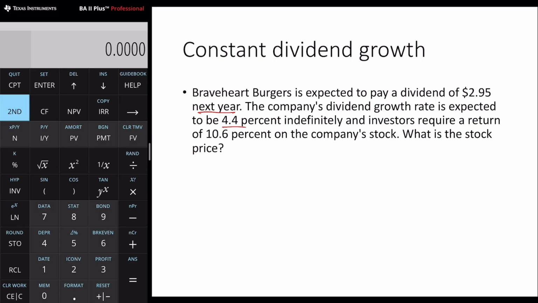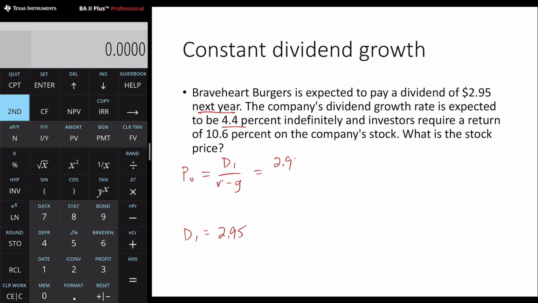All right, so again, we're using the formula that assumes constant dividend growth, which says the price at time 0 is equal to D1 divided by R minus G. Now, in this example, we're given D1 because notice the language. They're expected to pay a dividend of $2.95 next year. That tells us that D1 is equal to $2.95.